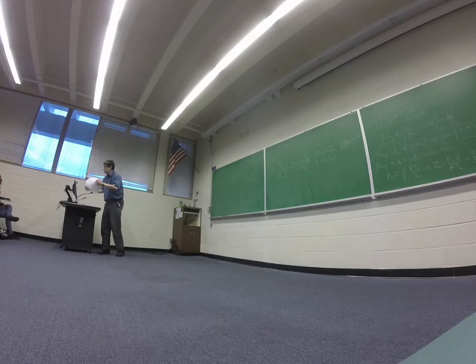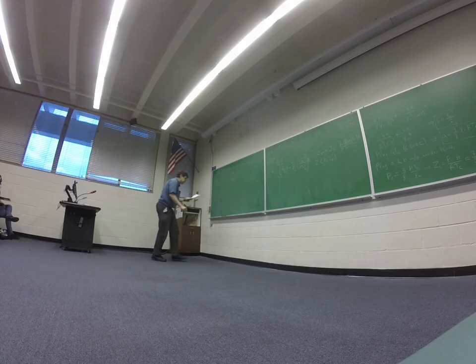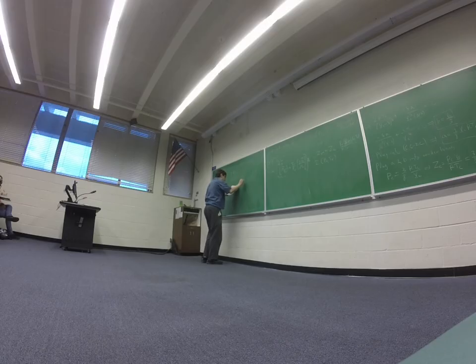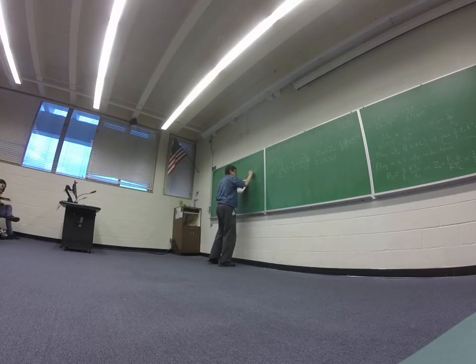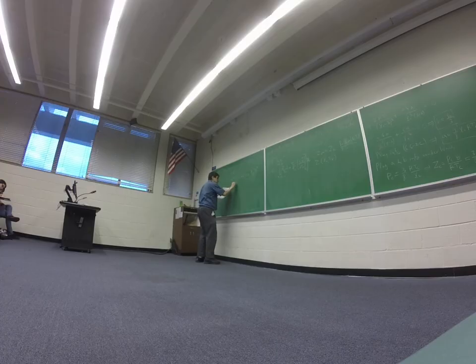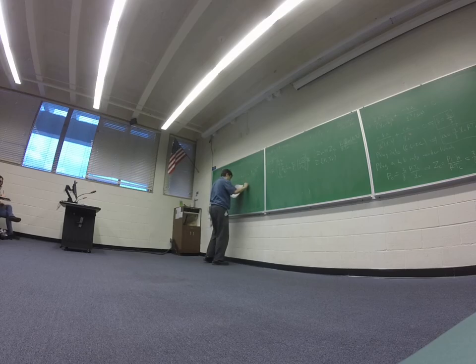Remember, I found an A and a B in van der Waals. The same way, I find that A at T critical is 0.45724 R squared T critical squared over P critical, and B equals 0.07780 R T critical over P critical.